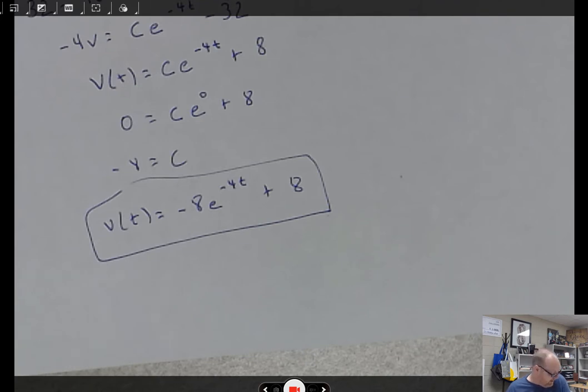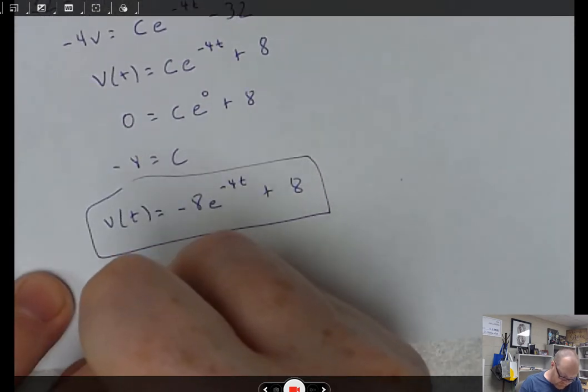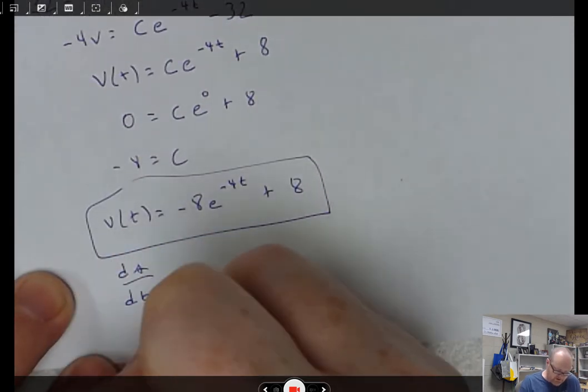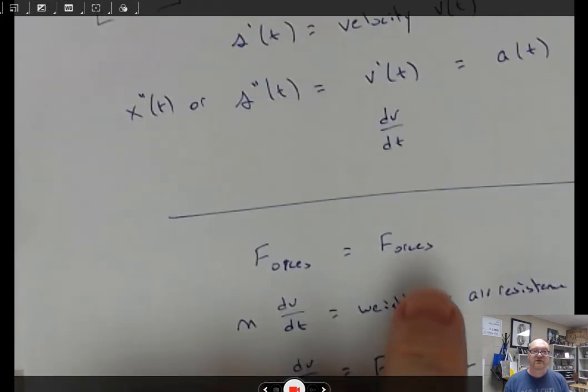And we want to also model the distance formula. So I need to integrate this again to find the distance. So this is the change in position with respect to time, which is another expression for velocity. It's making use of this idea.